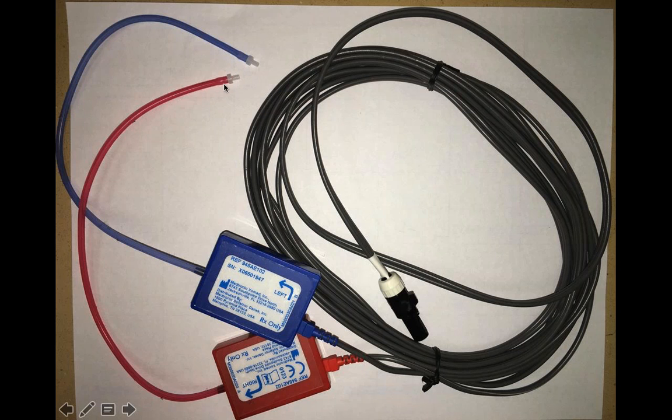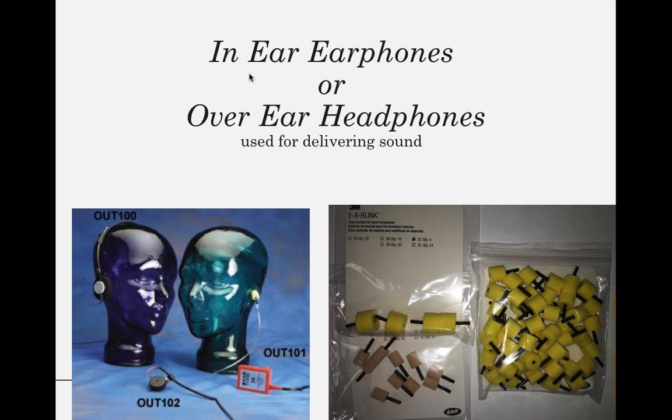And it seems kind of silly that something so significant should be reliant on something so small. This is just a little plastic insert that connects the tubing to the earplug, and without it, the test doesn't work half as well, or at all, really, I should say. And here we have the earplugs, which are disposable.